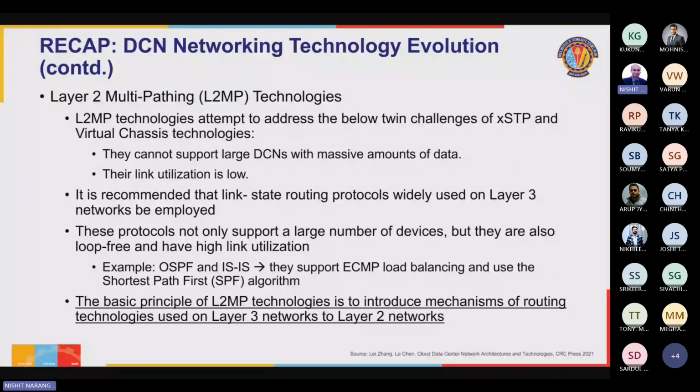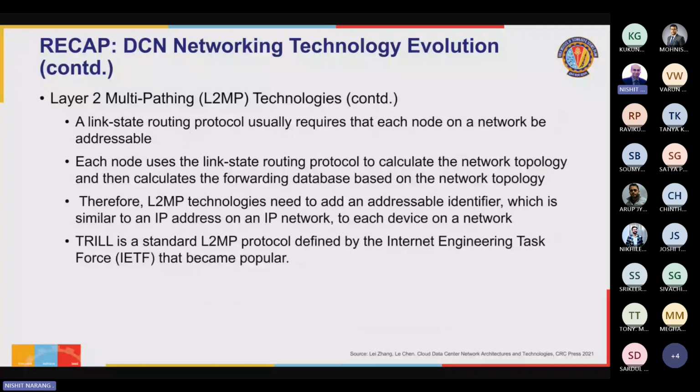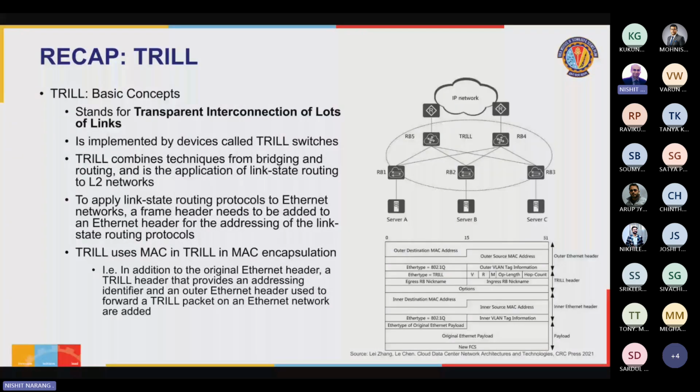So we talked about how L2MP technologies brought about a key change in the access aggregation core data center networks by introducing the routing technology. And Trill became the most popular protocol. We looked at how the Trill protocol stack looks, where Trill itself is an L2++ kind of network, which is primarily an L2 network, but plus plus indicating that it has routing functionality of layer 3 brought into layer 2.